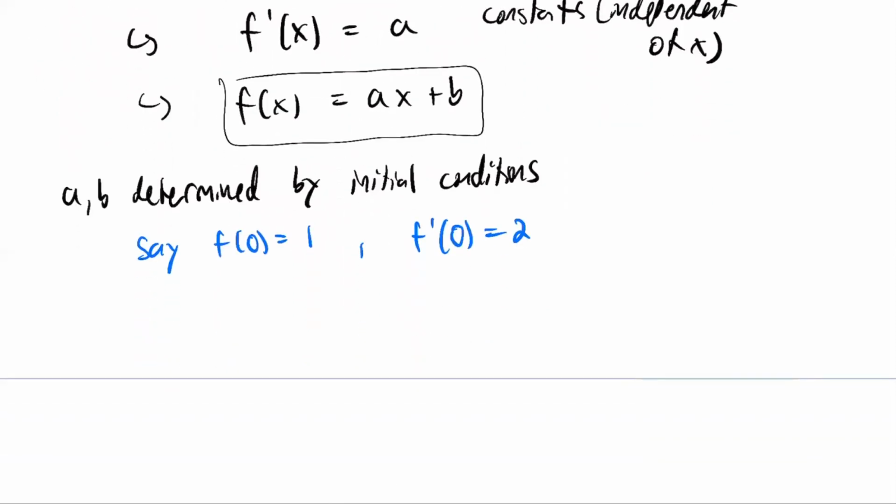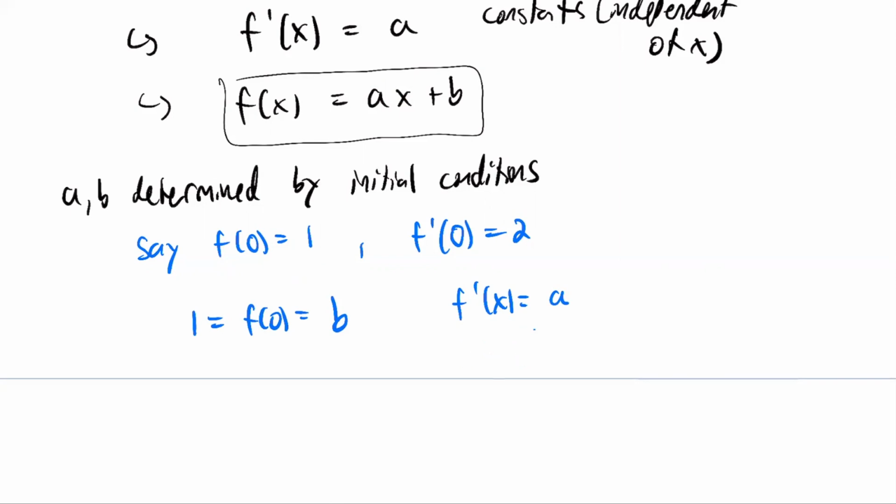We can plug in the fact that when x is equal to 0, this has to be equal to 1, so 1 is equal to f of 0. If I plug in x equals 0 here, this first term goes away, and so this is just equal to b. Therefore b has to equal 1. Moreover, f prime of x has to be equal to a.